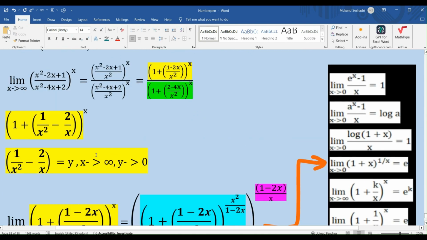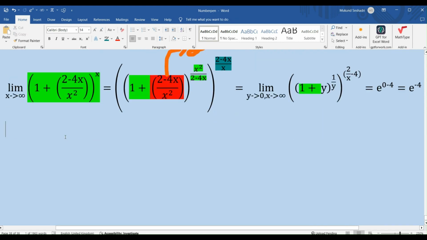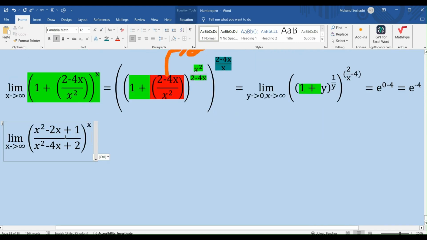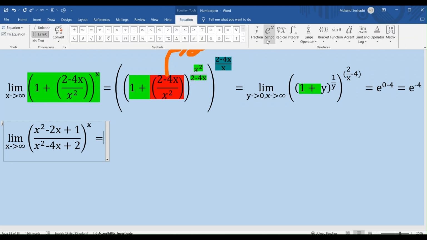So I'm going to go back and copy the problem, so that we rewrite it and solve for the final answer. So we have the limit of the numerator, which is nothing but e to the power minus 2.